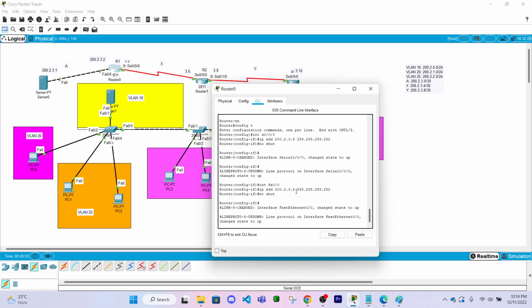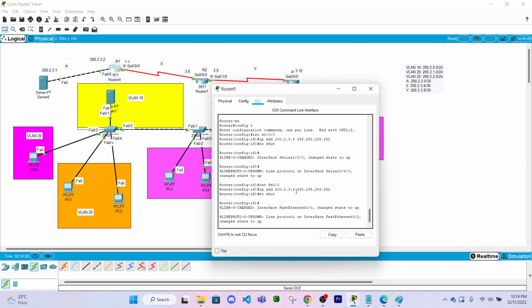I again say that the last number in the range for network A is 200.2.3.3. Okay, so here it is 3.3, the number before is 3.2, so we use 3.2 here.